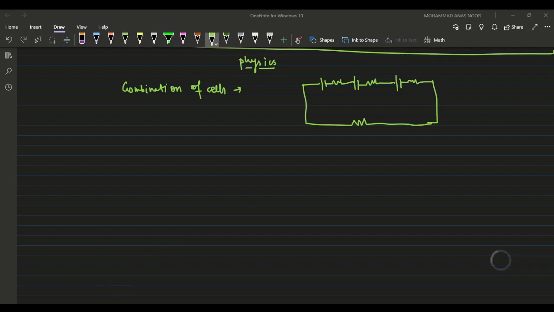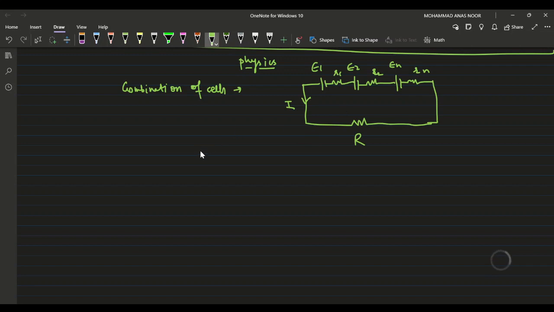So this will be E1, E2 up to En, R1, R2, Rn. This is the load resistance. We need to find how we can get the maximum amount of current from the combination of these cells.